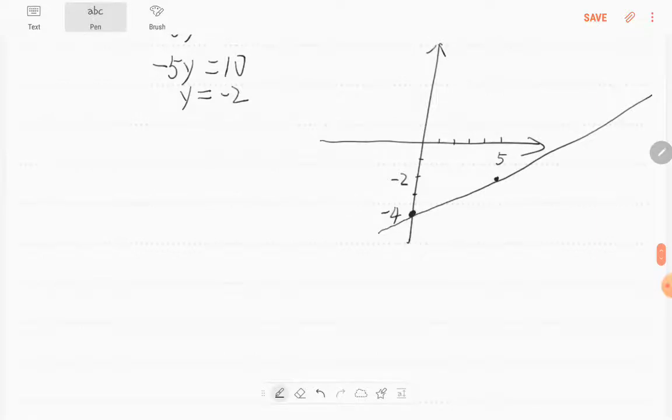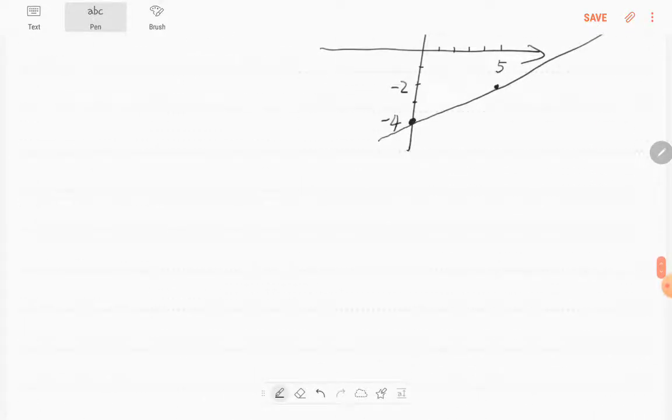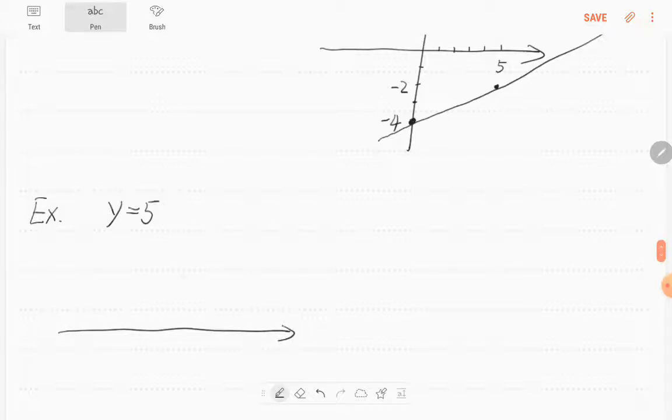So now let's look at another one, y equals 5. What does this mean? y equals 5 means that no matter what the x value is, y is always 5. So this is 5: 1, 2, 3, 4, 5.